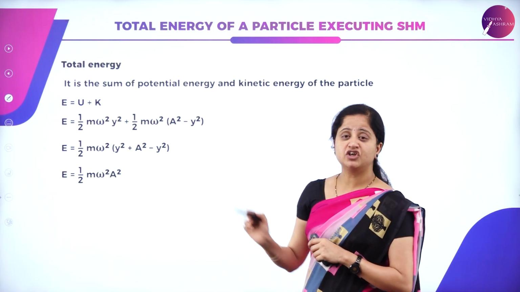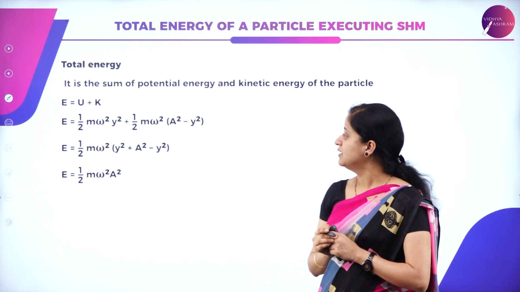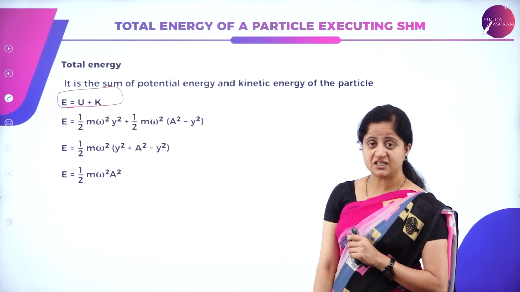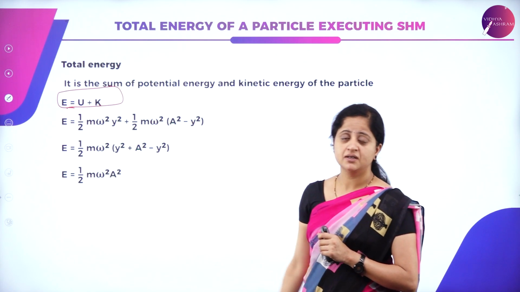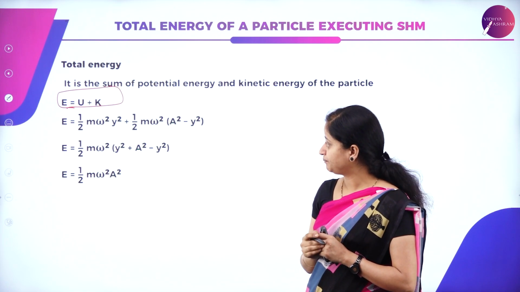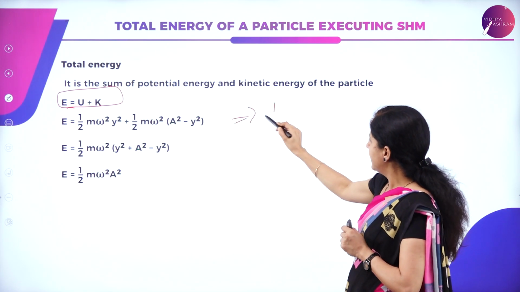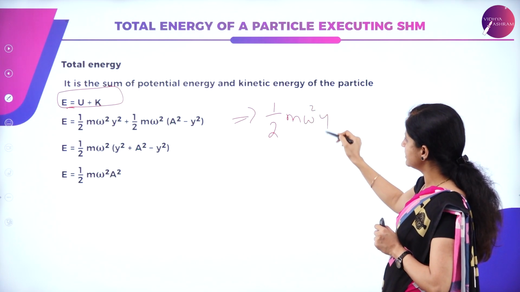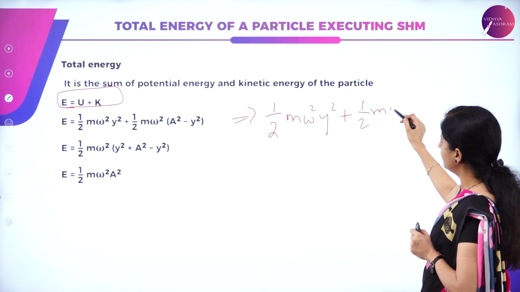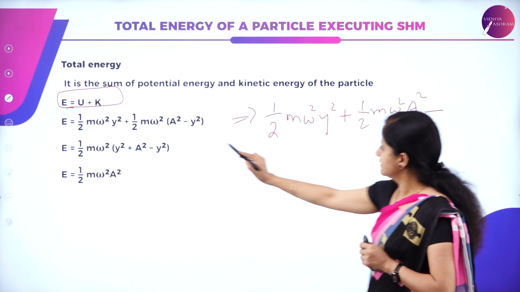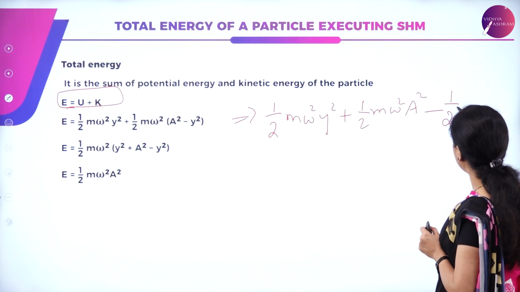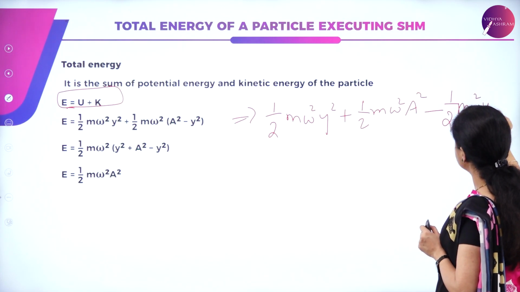Now we need the expression for total energy of a particle executing SHM, which can be calculated by taking the sum of potential energy and kinetic energy. The potential energy expression is half m omega square y square, plus the kinetic energy expression, half m omega square into a square minus y square. Now we can write this as half m omega square y square plus, multiplying this with the first term, half m omega square a square, minus, plus into minus is minus, again multiplying with the other term y square, half m omega square y square.